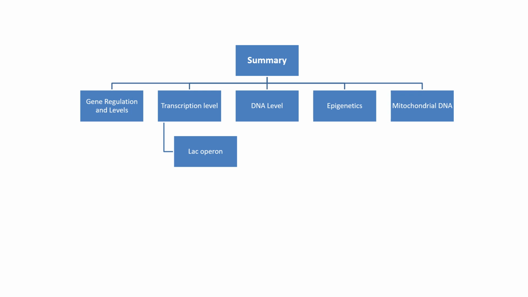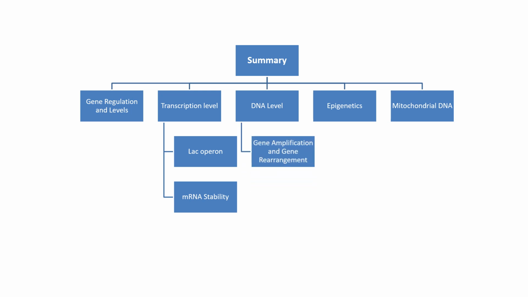We saw how regulation takes place at the level of transcription. We used the lac operon model to understand this, and altering the stability of mRNA also helps in the regulation of gene expression. At the DNA level, by gene amplification or gene rearrangement, we can control the expression, and jumping genes, that is transposons, and gene switching mechanisms can also result in regulation of gene expression.